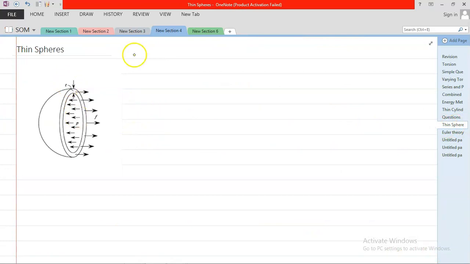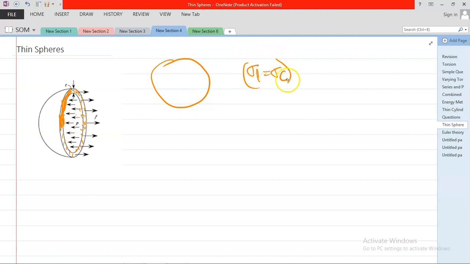So I am going with the thin sphere now. So this is your thin sphere. Just like you see that at this surface, the shaded surface that I am talking about, there is a stress, because here the material is there and it would resist the internal pressure. The material at this point would resist the failure.